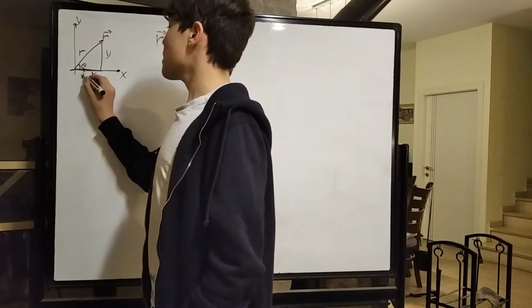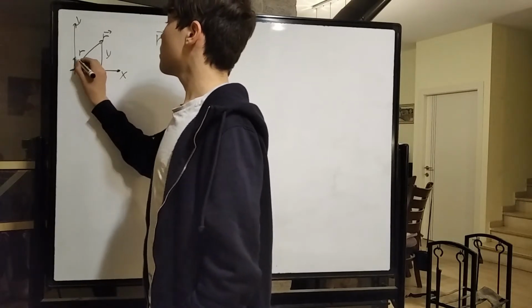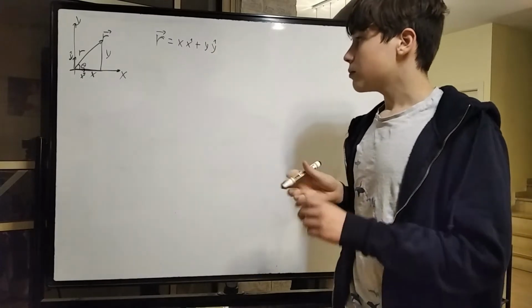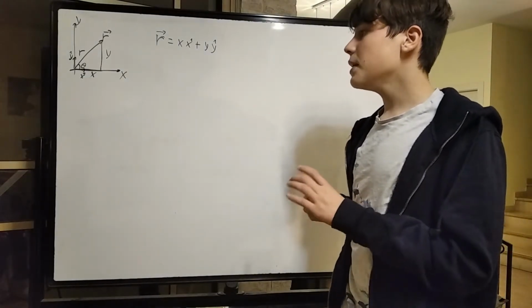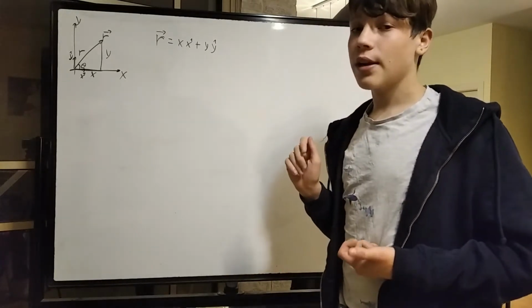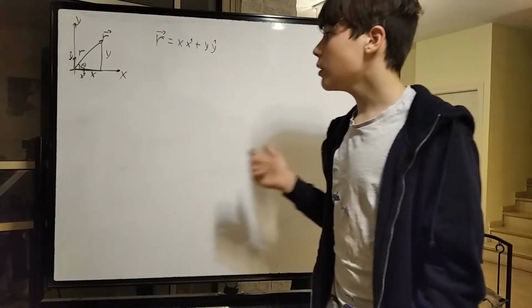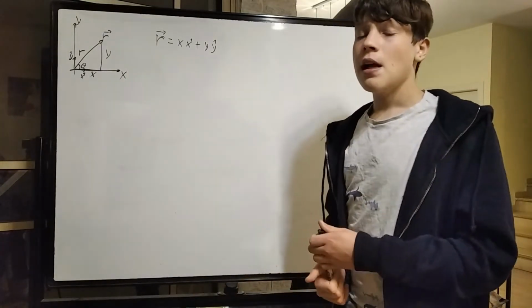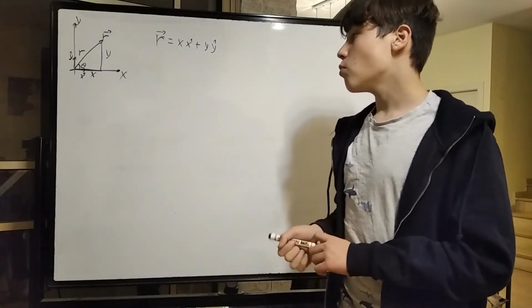So this is x hat. This is y hat. And these are vectors which point in the positive direction of each axis accordingly. X hat on the x-axis, y hat on the y-axis, and they are of length 1.